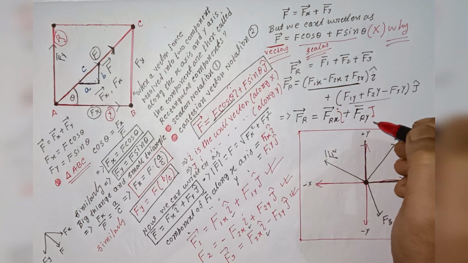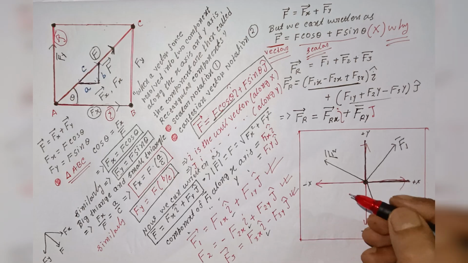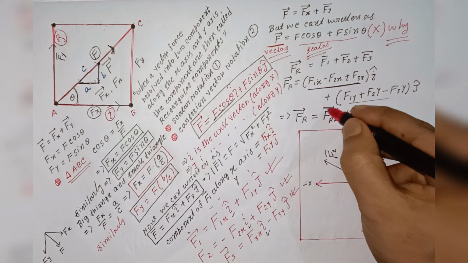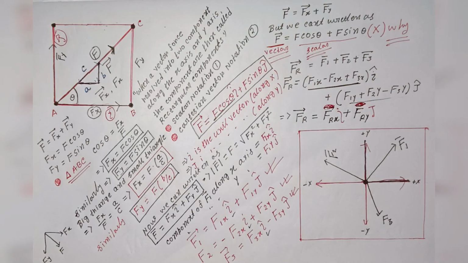Obviously, i cap and j cap are attached, otherwise it will be scalar. Now it's okay, vector. Clear? So we don't need a vector sign because i cap and j cap are already there. And this is called Cartesian vector notation, the full concept of this content.